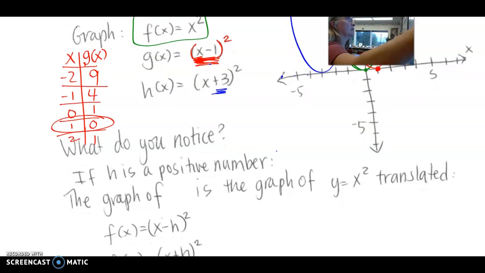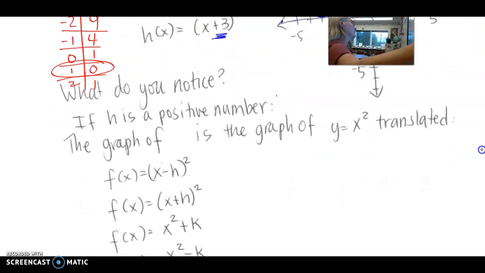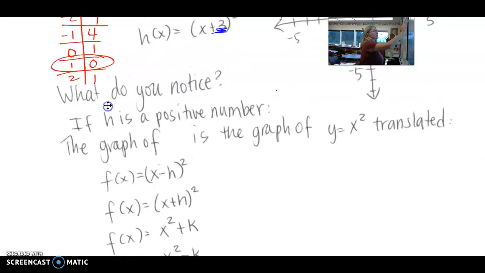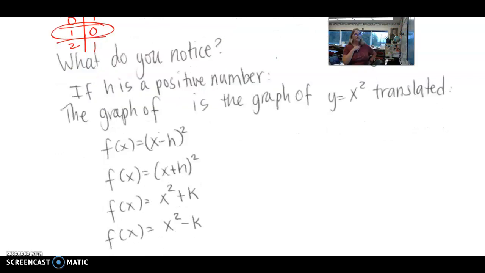And when I subtracted 1, it moved to the right. So if h is a positive number, the graph of f is the graph of y equals x squared, that parent function, translated if I subtract h, and remember h is positive.